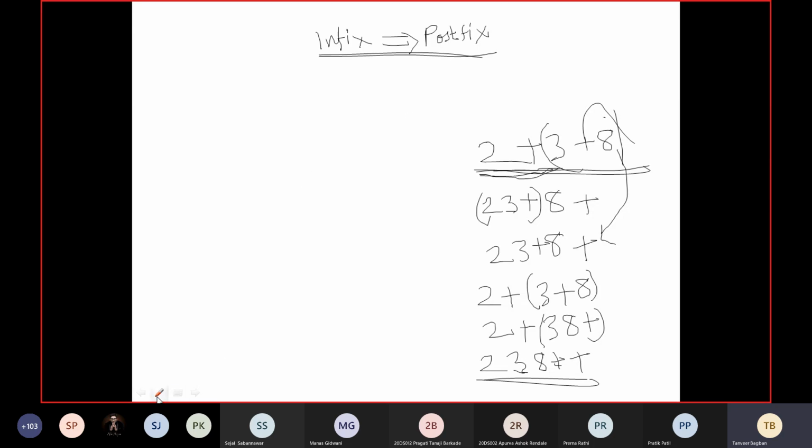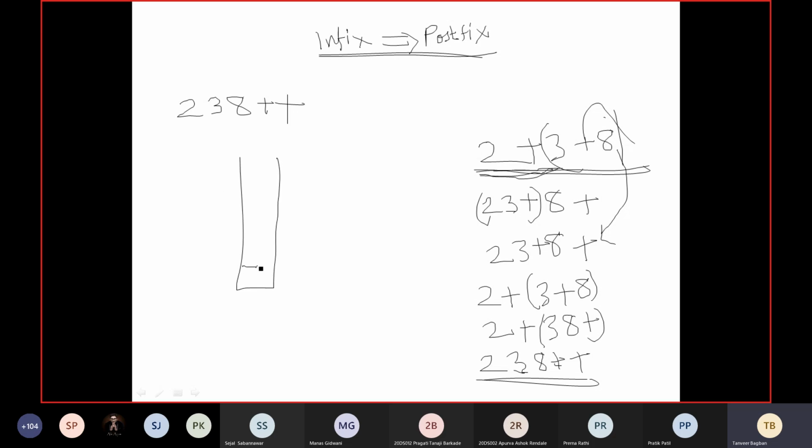Go and read each character. If it is an operand, push it onto the stack. If it is an operator, pop 2 operands from the stack, evaluate, and then put the result onto the stack. Now let us see how we can do this using a stack.